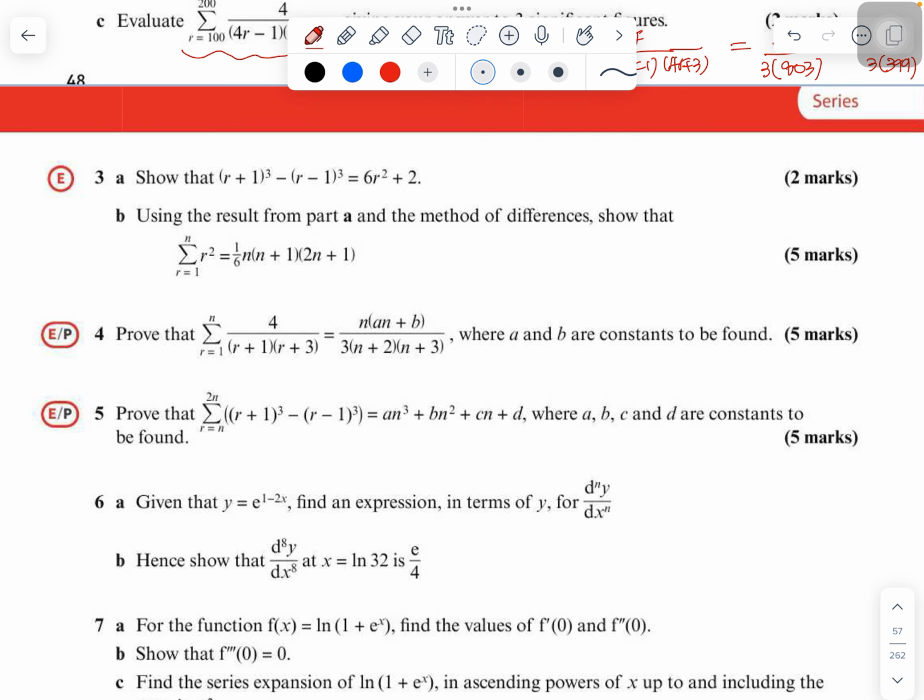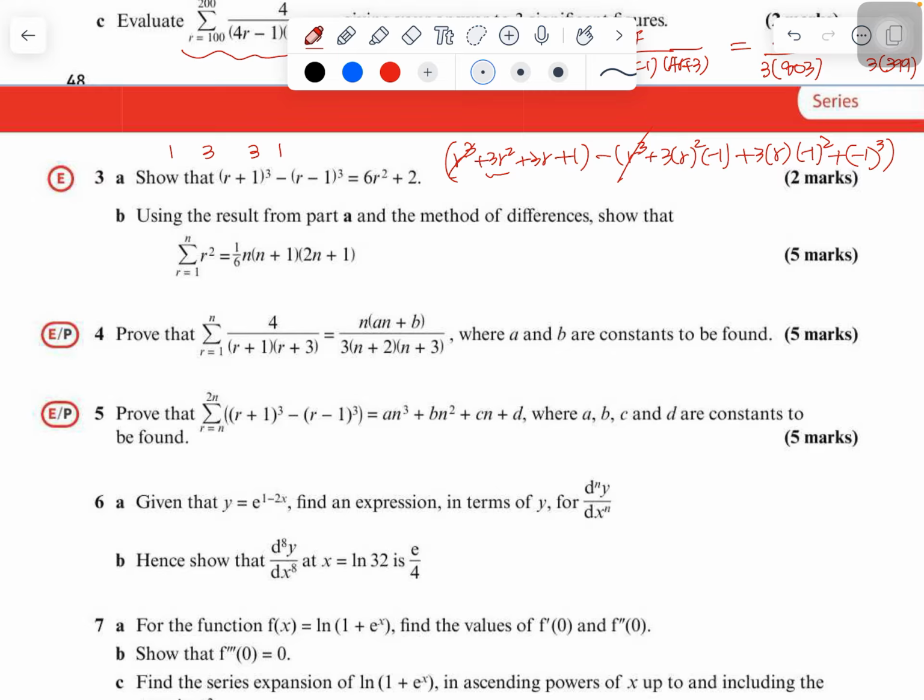Number 3, show that. Because you already know the binomial expansion, we know the coefficients are 1, 3, 3, 1. So r cubed plus 3r squared plus 3r plus 1, minus, for the second one, let's say r cubed plus 3 and r squared and negative 1, plus 3r negative 1 squared, plus negative 1 cubed.